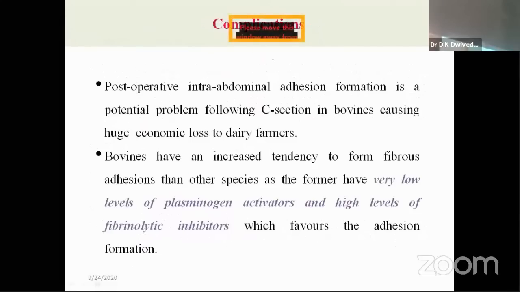Now, next is complications. The most important complication of the C-section is adhesion formation. And if there is severe adhesion formation, that may cause huge economic loss to the dairy farmers. As I have already told you, nowadays people are going for dairy activity for income generation purposes.